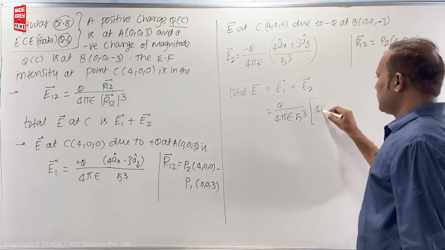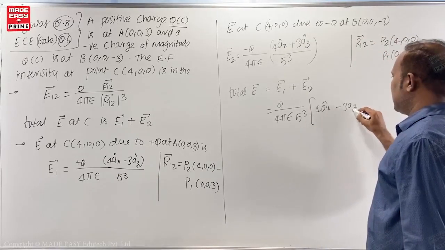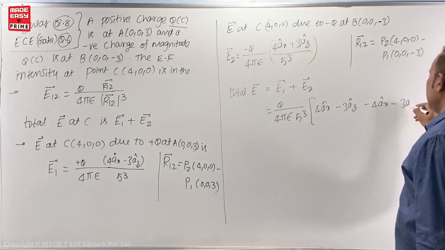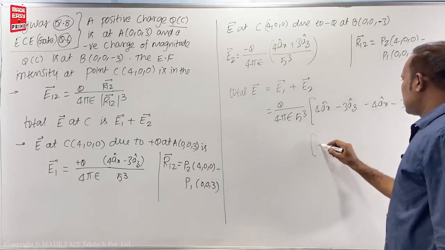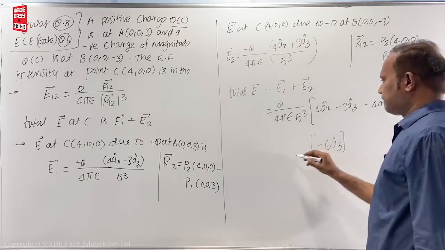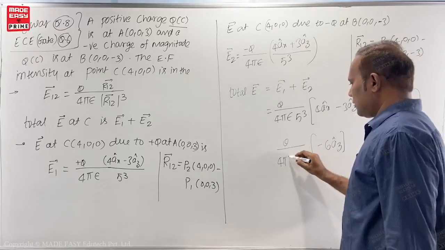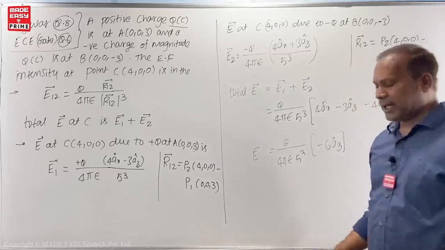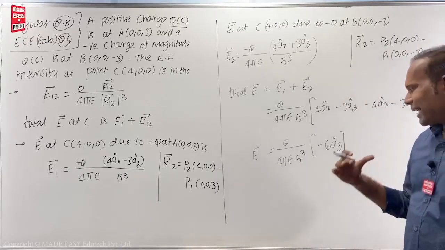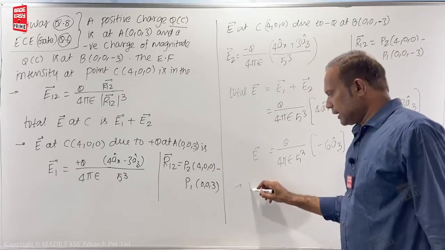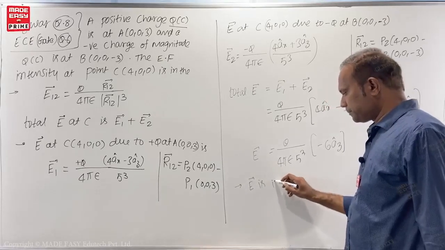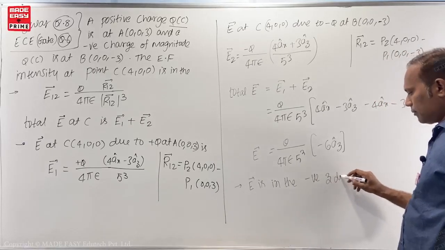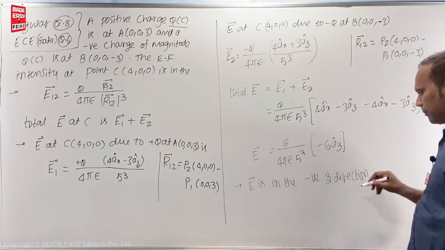This is the electric field equation, but in the question only direction is asked. So E bar is in the negative z direction, minus az.